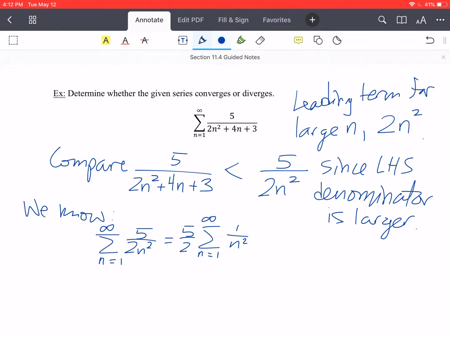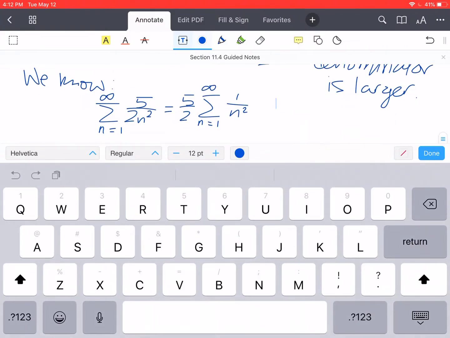Hopefully the first thing you think of is it's convergent, and the reason why is because it's a p-series, and it's a p-series with p being greater than 1, right? P is 2. So let me just put that right here.